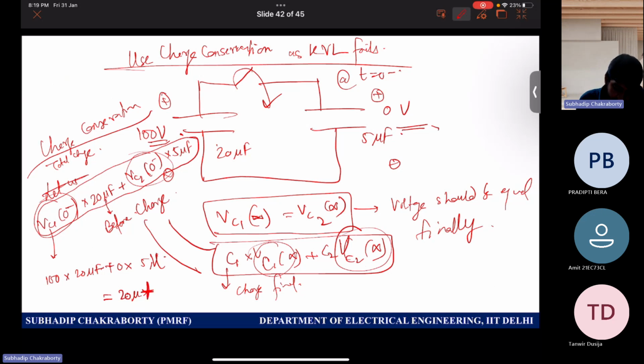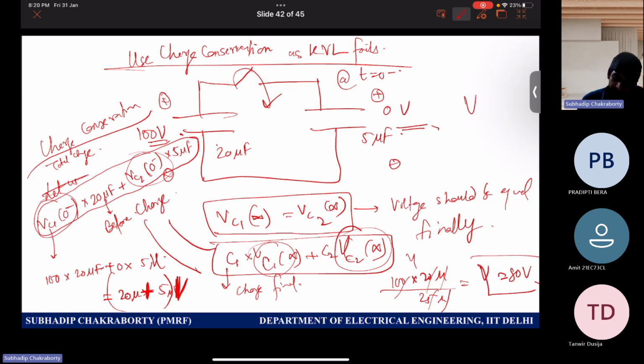So let us do (C1 plus C2) into V. Let us name the unknown as V. So 100 into 20 micro divided by 25 micro is V. So V is 80. So after splitting, the final voltage V equals VC1 infinity equals VC2 infinity equals 80 volts.